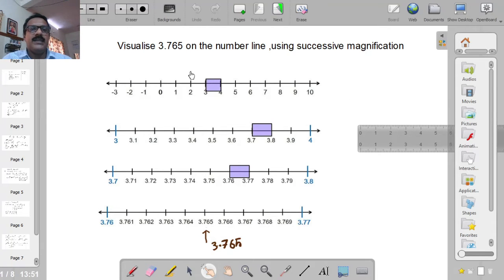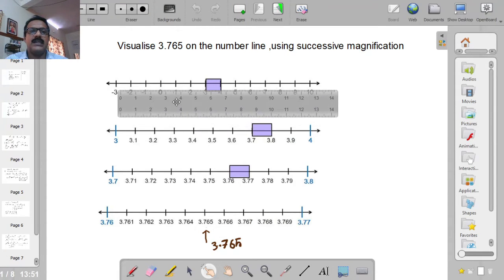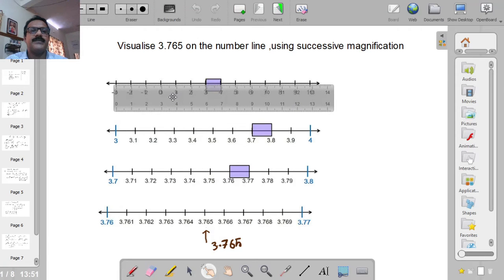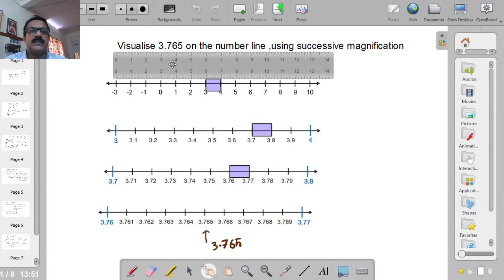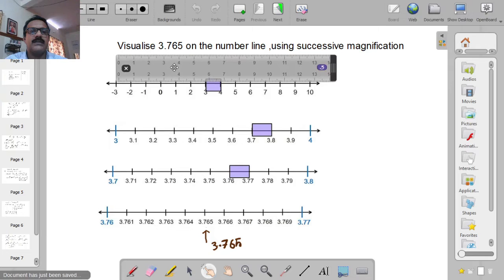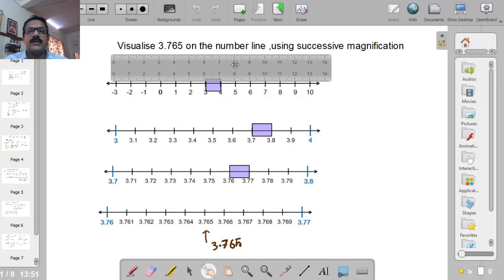So we will be locating the number 3.765 on the number line. First, we will be drawing the number line like this. Take this as the origin or 0.